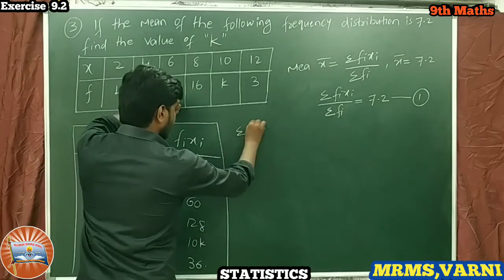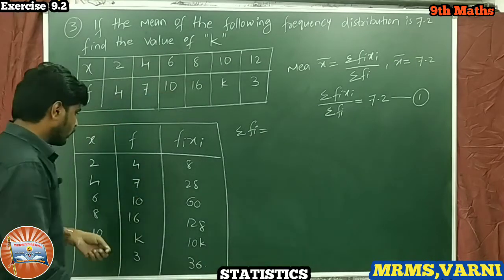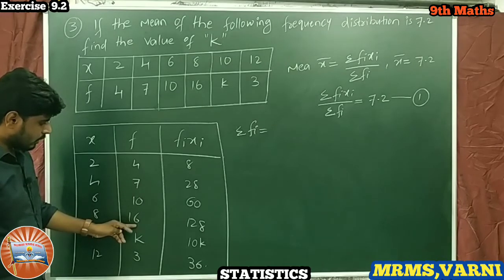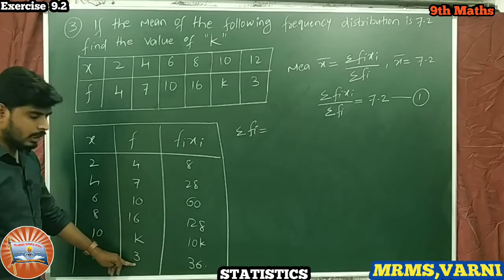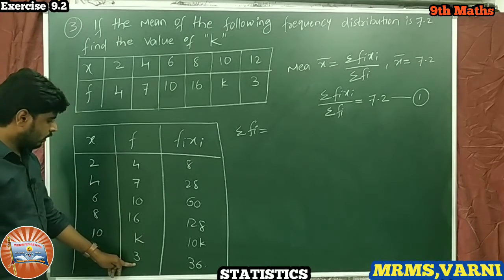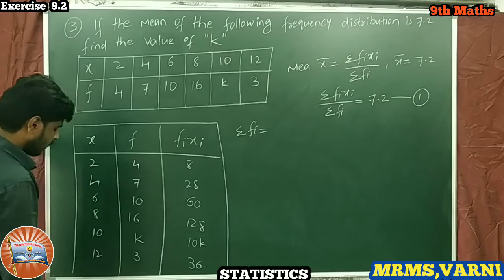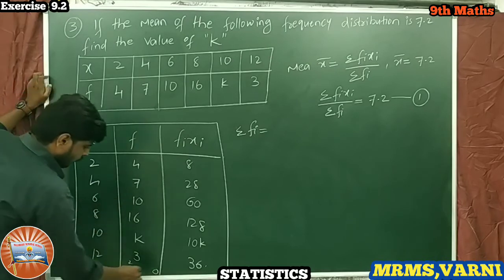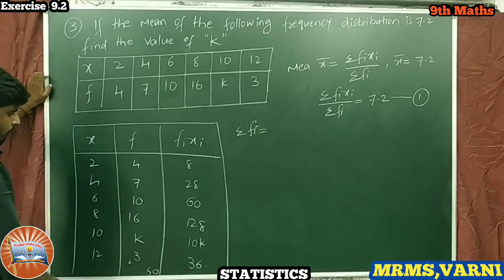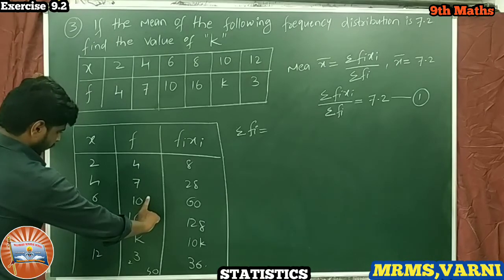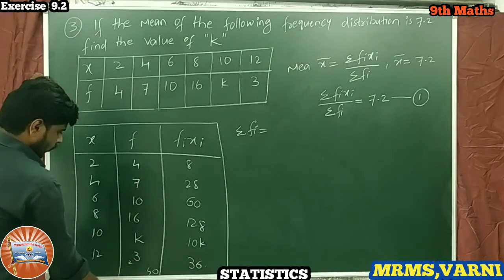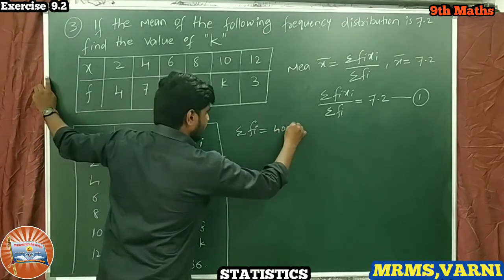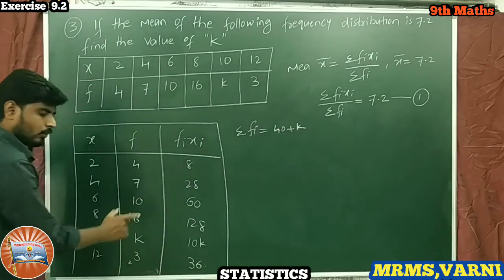So sigma fi is equal to 4 plus 7 is 11, 11 plus 10 is 21, 21 plus 16 is 37, 37 plus 3 is 40. So 40 plus k is the sum of the f values, isn't it?